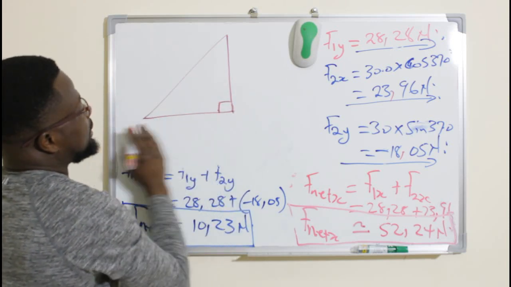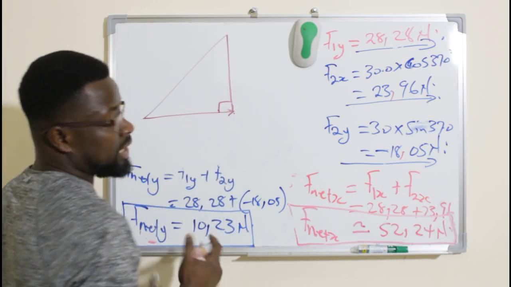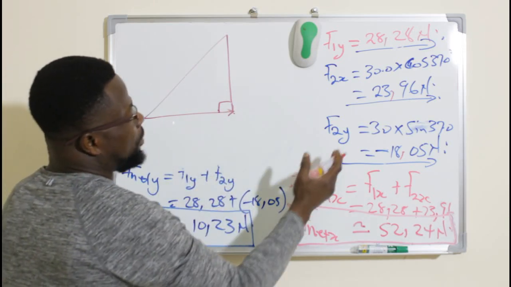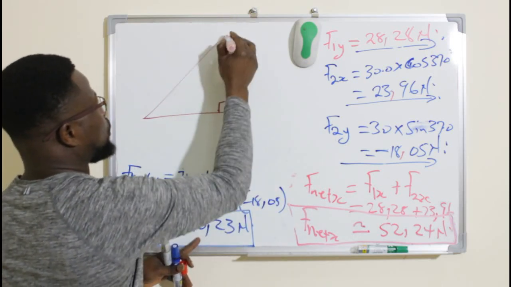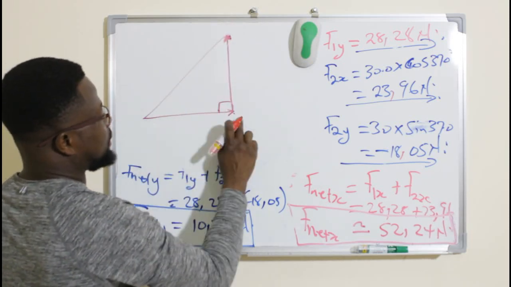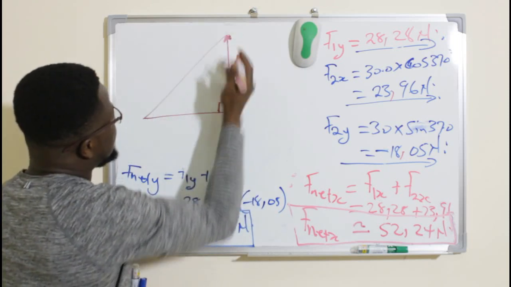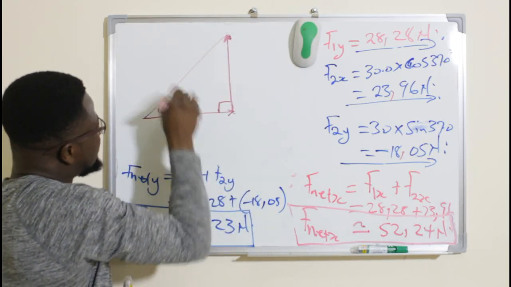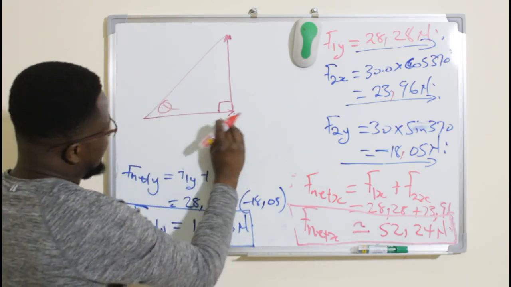Remember, the x component is in this direction because it is positive, and the y component is also positive. The net is positive, so it is also in this direction. This is a head to tail vector diagram. This is my theta, the direction that we need to look for.